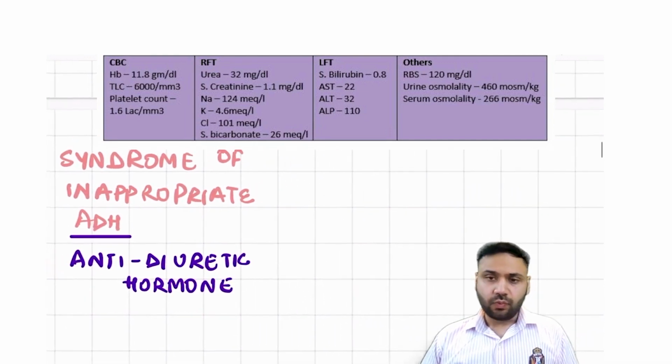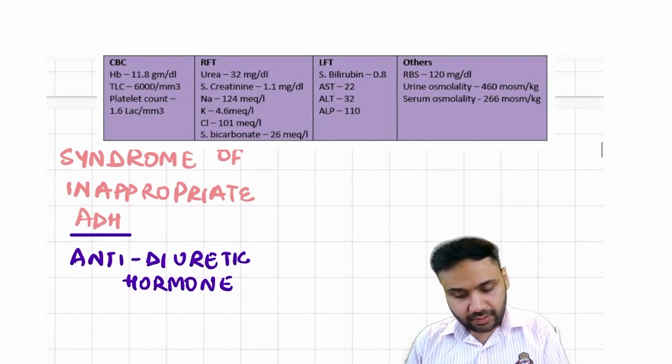Now, where is it made in the body? It is made in the hypothalamus.